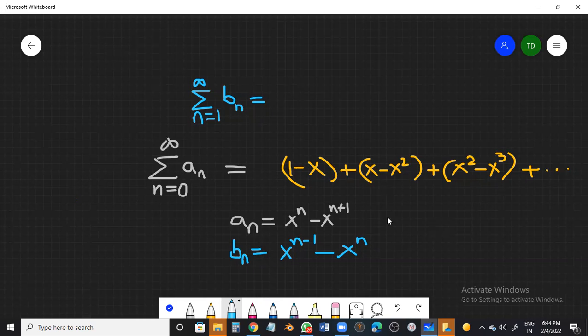Am I audible first of all? Yes, ma'am. Okay. So see here, if you put n equal to 1, what will I get? x raised to 0, meaning 1, minus x raised to 1. I got my first bracket. Plus, I want B2. For B2, I'll put n equal to 2. So I got x minus x square.